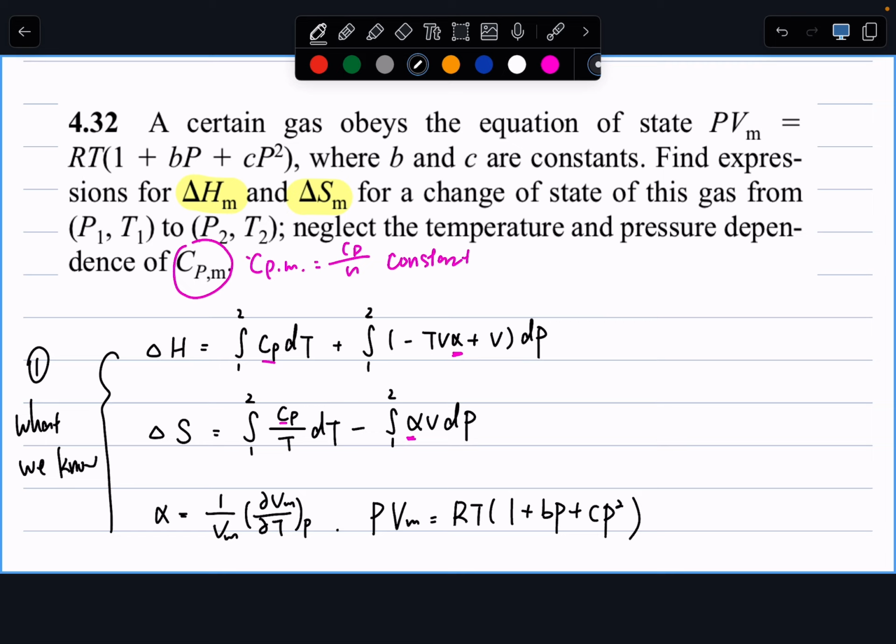Right, so my alpha is the partial differential of volume over temperature at constant P. We know the equation of state. We can write my molar volume equals RT(1 + BP + CP squared)/P. We can solve for alpha.